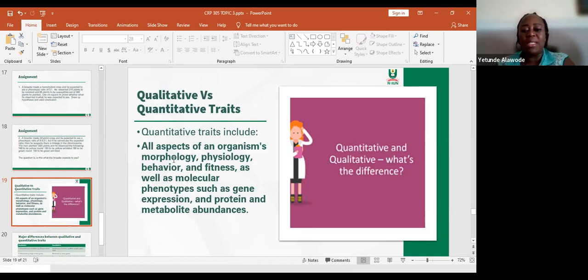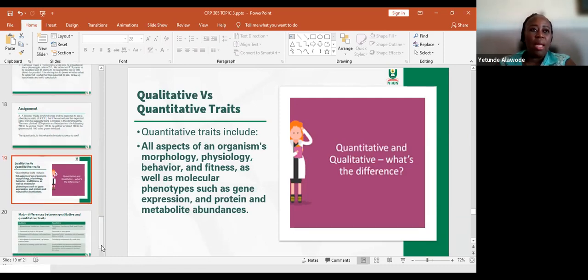Qualitative traits are those you cannot measure, like your fruit color and flower color.